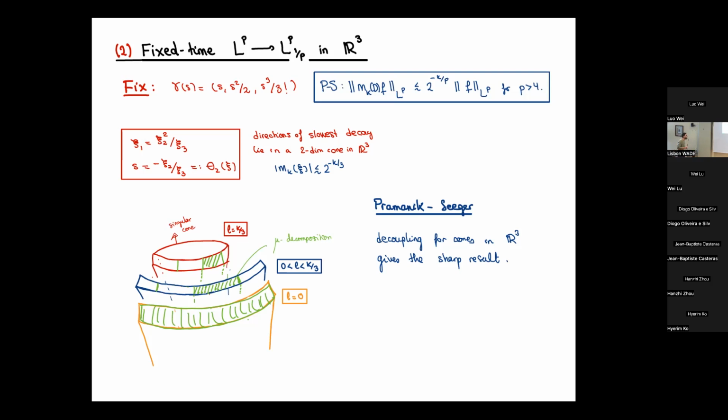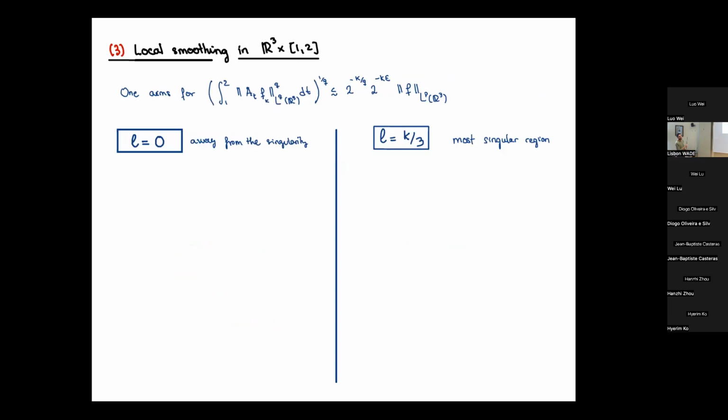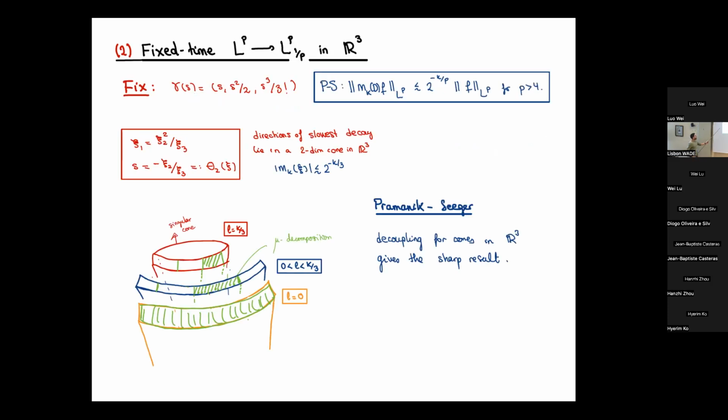So what about the local smoothing estimate? Now we want to integrate in time, and we want to get some extra gain. Let me present the two extreme cases. One is L equal to 0, when we are away from the singularity for the fixed time estimate. Here there is no time yet.